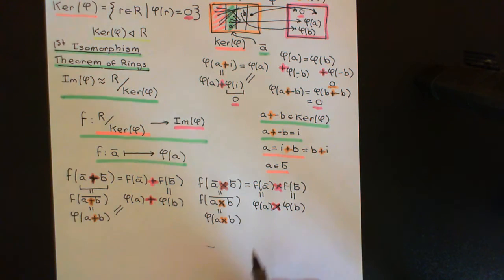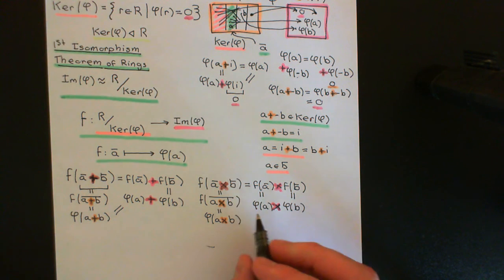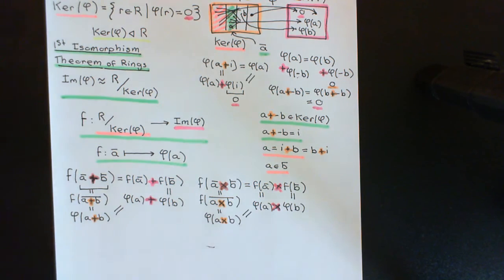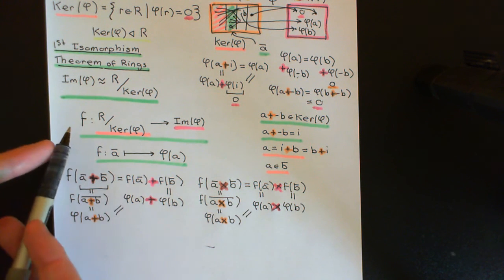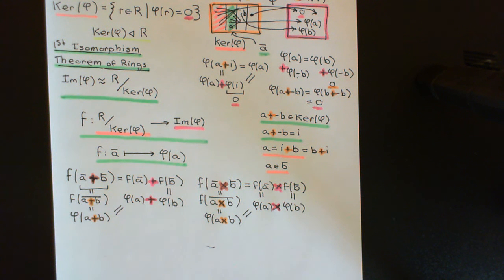And again, those two things are going to be exactly equal to one another because of multiplicative compatibility between the domain ring and the image of the homomorphism for the homomorphism here. So indeed, these two things are going to be equal to each other. So compatibility of multiplication for this isomorphism here boils down to compatibility of multiplication for the ring homomorphism. Okay, so indeed, that's all we need to prove.